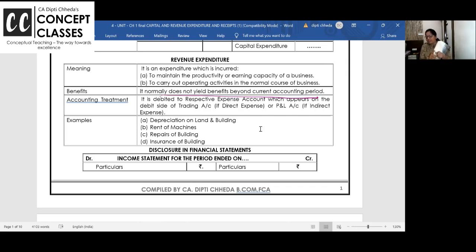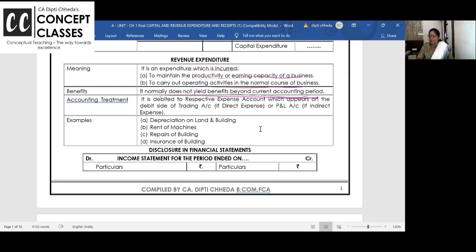So what is the definition of revenue expenditure? It is an expenditure which is incurred to maintain the productivity or earning capacity of the business, to carry out the operating activities.